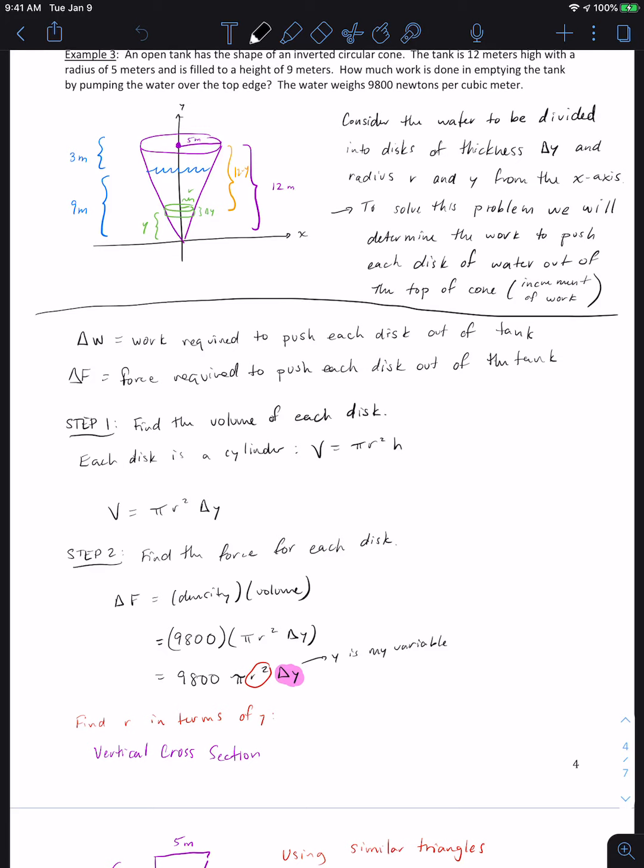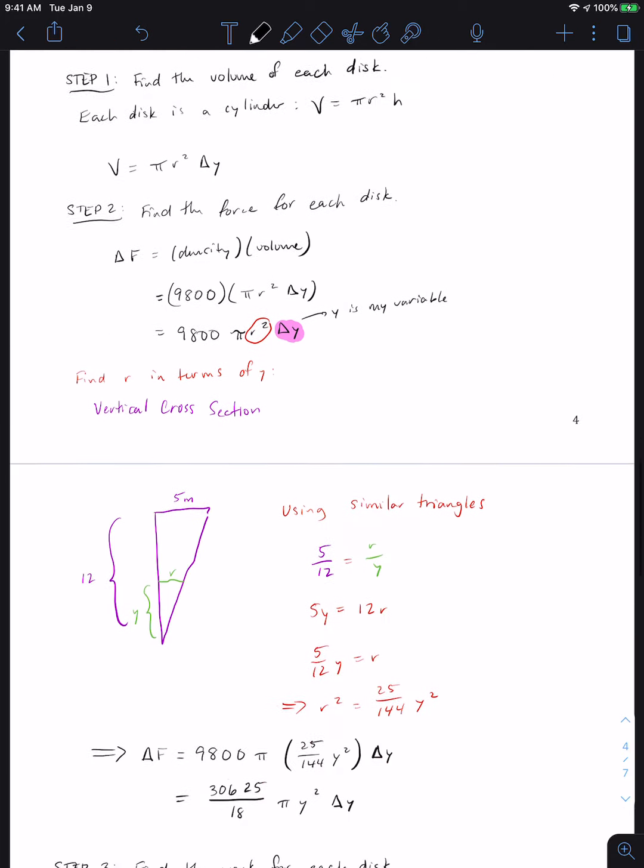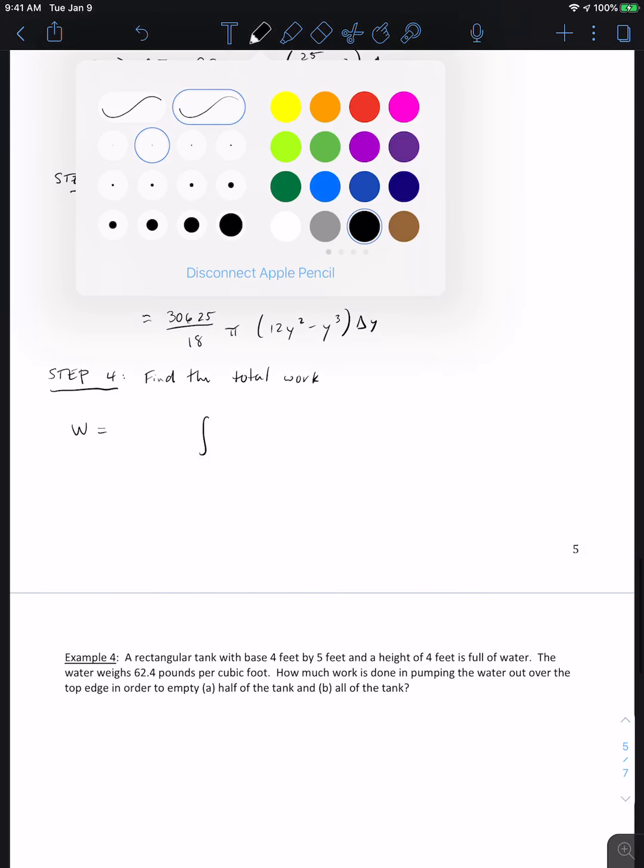So y is the possible height of water that we're going to be having these discs at to push it out of the top. So what are the possible y values that we have for the heights of those discs? Well, those range from 0 to 9, because that's the piece of the water that we're going to make into discs to push out the top. So my integral here goes from 0 to 9.